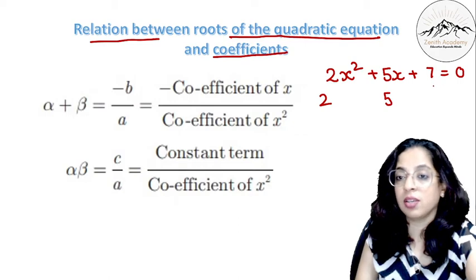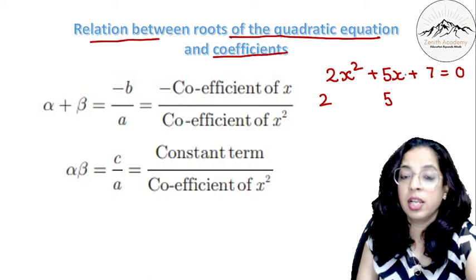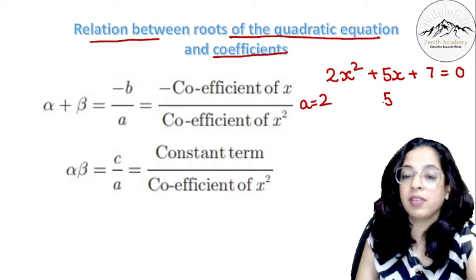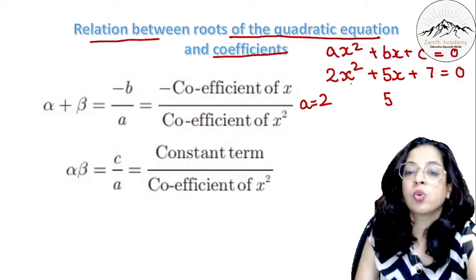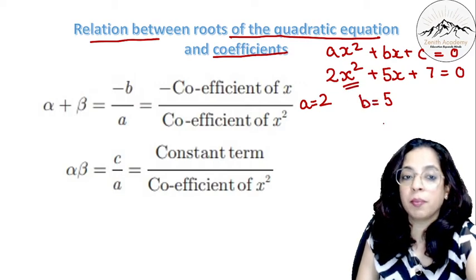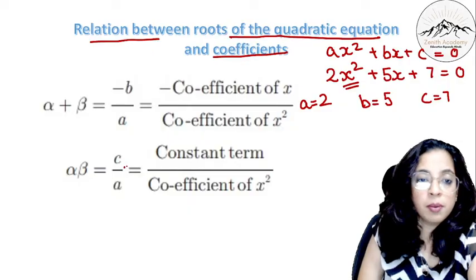And this is C. Coefficient of x0 is equal to C, right? So this 2 is nothing but A if we compare it with the standard ax square plus bx plus c equal to 0, right? So coefficient of x square is A, coefficient of x is B, and this is C. We all know, correct? So these are the coefficients.